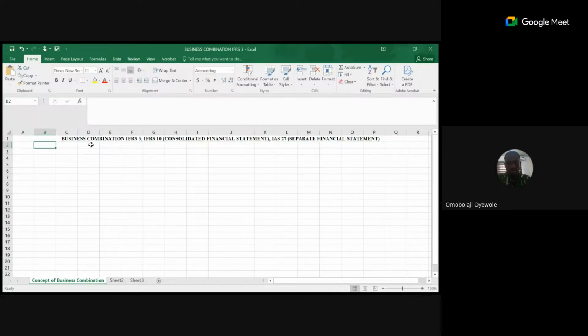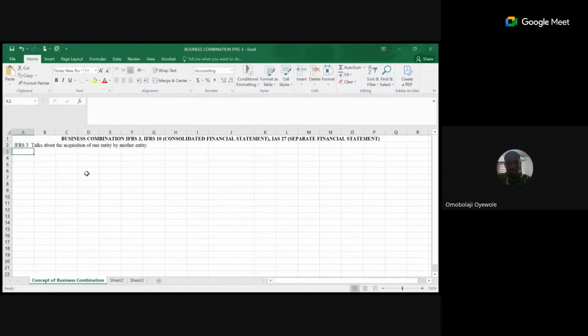First of all, a business combination, that's IFRS 3, talks about the acquisition of one entity by another entity.